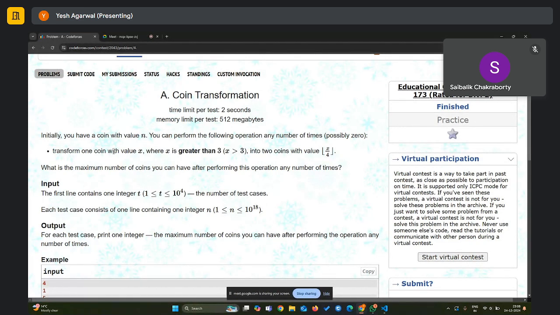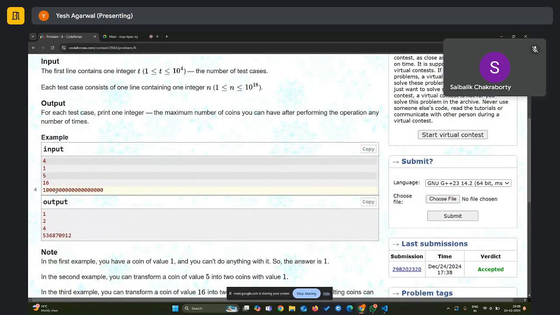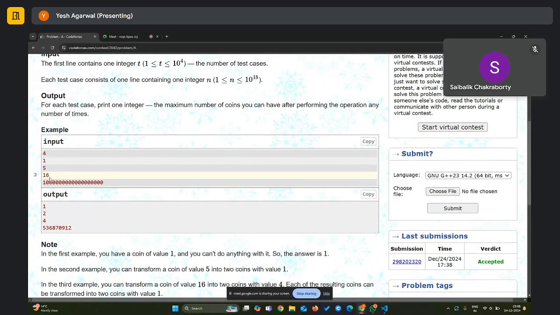Each time you do the operation, x keeps on multiplying by 2, basically the number of coins. For example, if I show you here, 16. The value of the coin is 16.